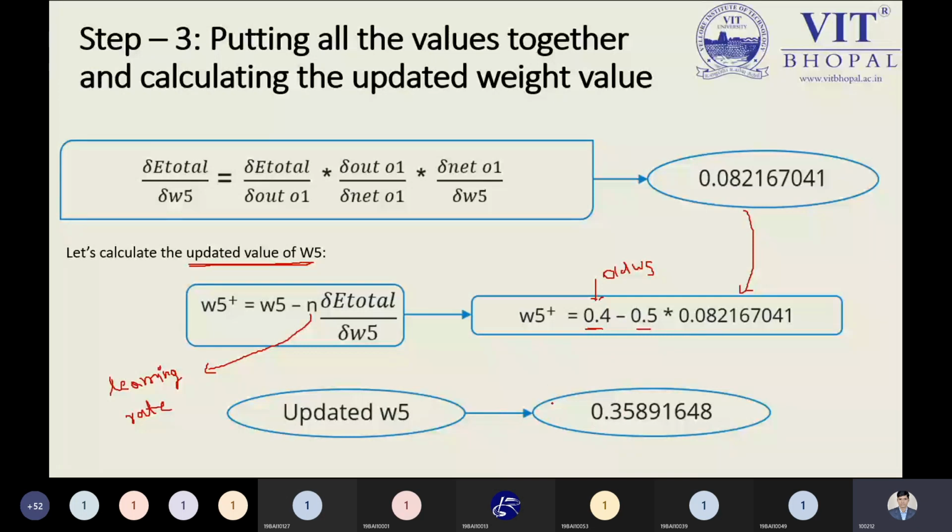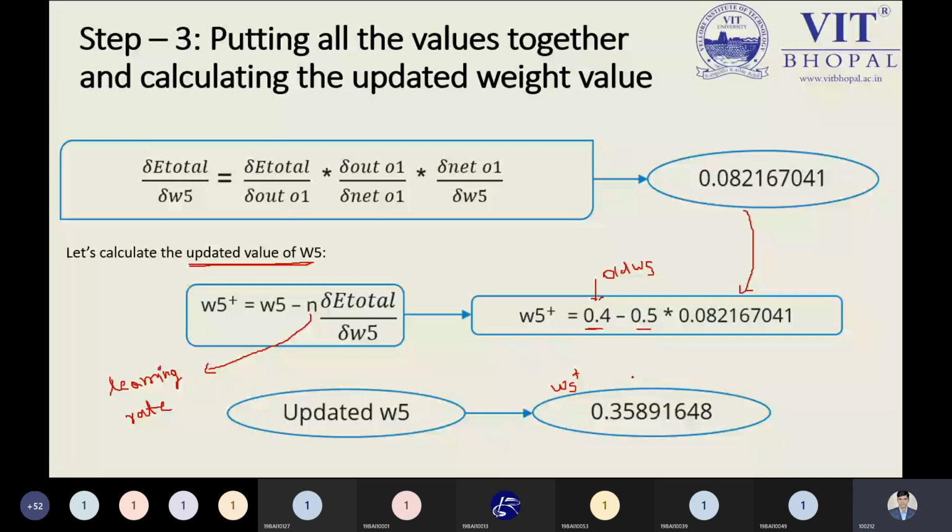That is W5 plus, 0.3589 we are getting. Depending on your learning rate values, it may change. But keep in mind while solving your problem, the learning rate you have decided should be the same for updating all the weights. You should not choose 0.5 for calculating W5 and 0.67 for W6 or W7.